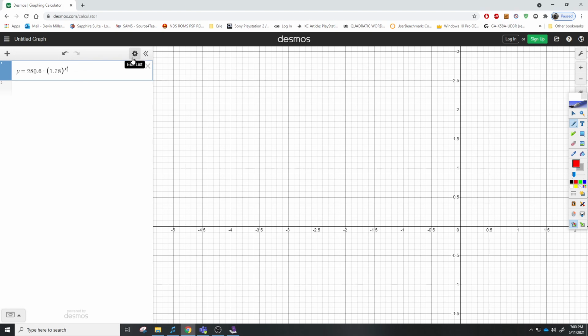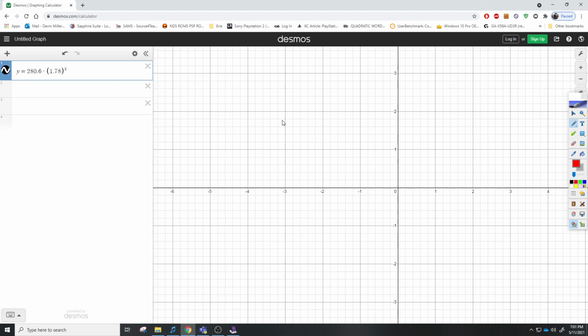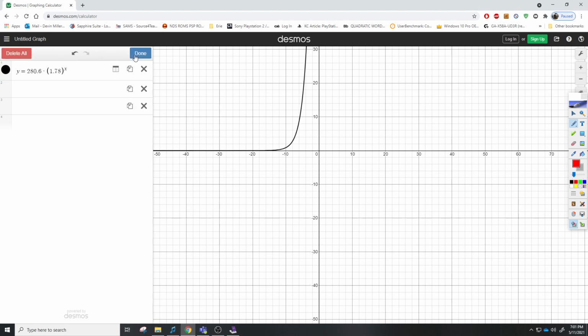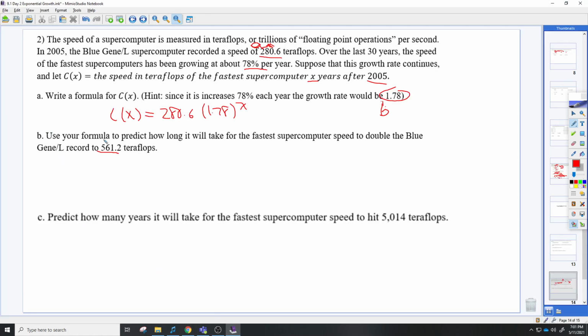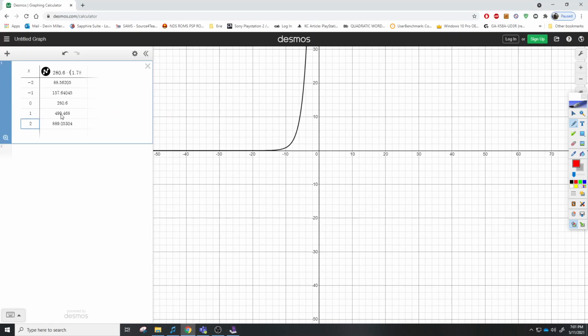All right. Okay, there it is. Bring up a table. So, how long will it take the fast computer to double the Blue Gene/L record to 561.2? Well, it looks like it will be between the years 1 and 2, so it won't take too long. So we'll say a little after the first year.